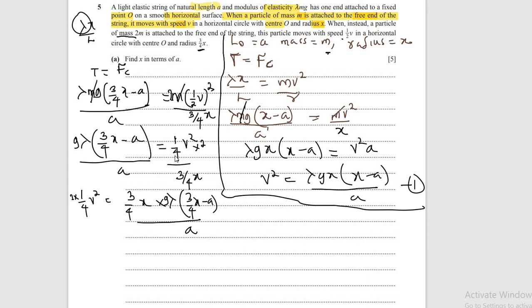At the end of the day, I have half v squared equal to 3 over 4 lambda gx, bracket 3 over 4x minus a, all over a.